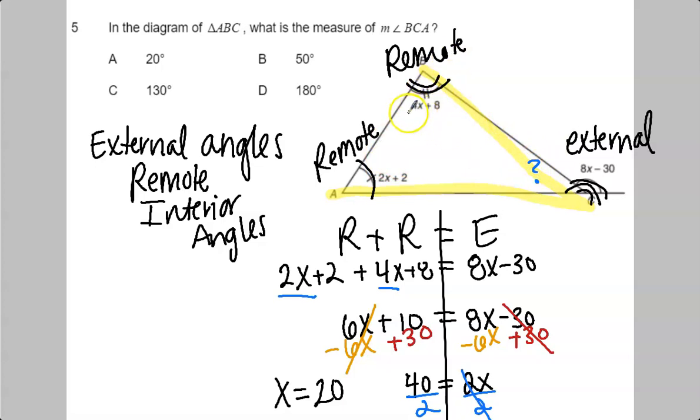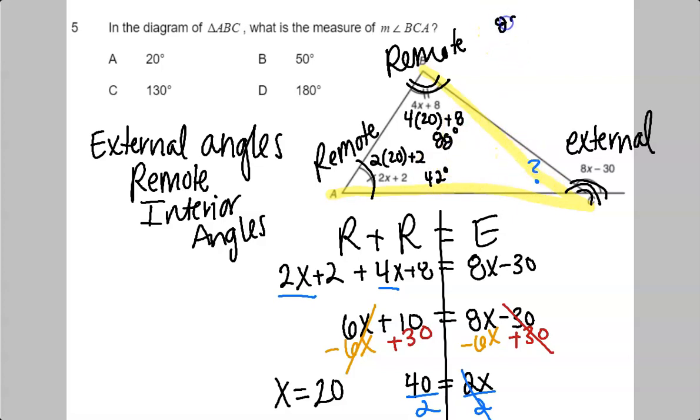So, for example, if I substituted the 20 up here, 4 times 20 would have been 80. 80 plus 8 would have been 88 degrees. Right here, we've got 2 times x plus 2, so 2 times 20 plus 2 would have been 42 degrees. And again, all three angles should add up to 180.